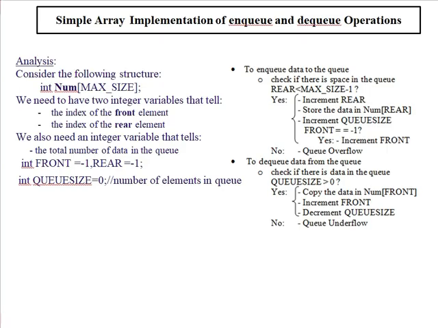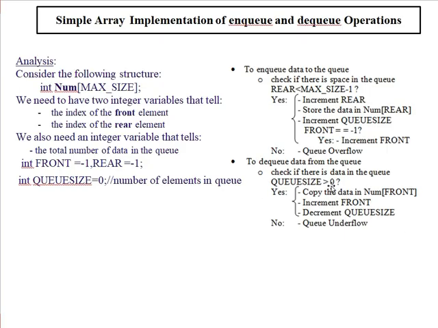So the next one is decrementing the size. Why we are decrementing the queue size is because we removed an element, so the queue size should be decremented by 1, to indicate that the number of elements is reduced by 1 because of the application of this dequeue operation.